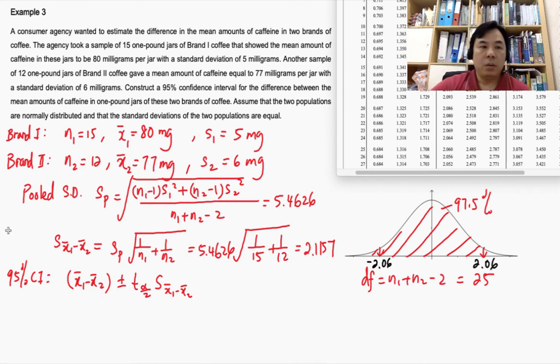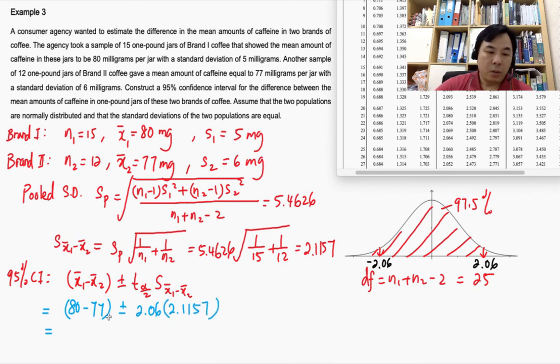Now, once I have obtained the critical value, all I need to do now is to substitute all the values that I have. Here, I'm going to write that down. That will be 80 minus 77, plus or minus here, the critical value 2.06, and then the margin of error is 2.1157.